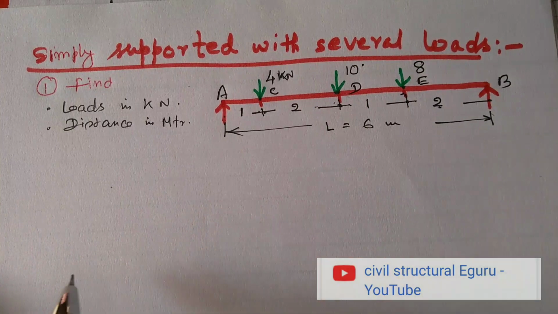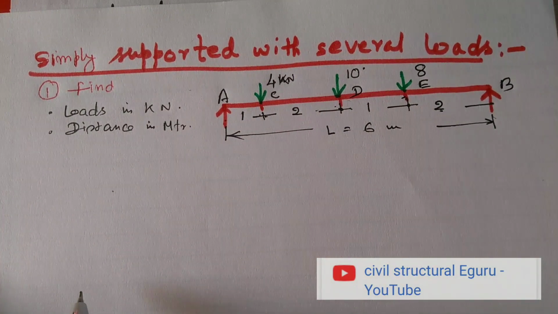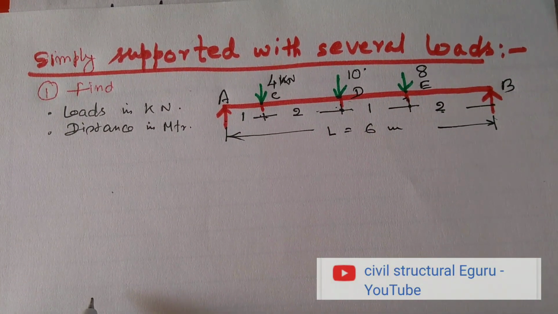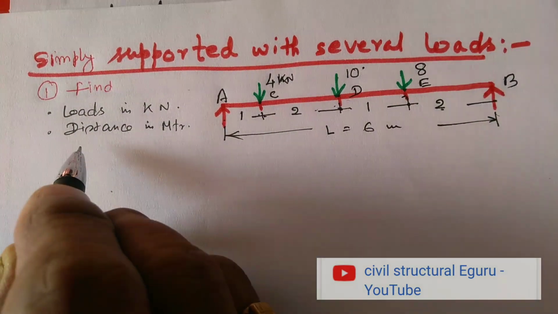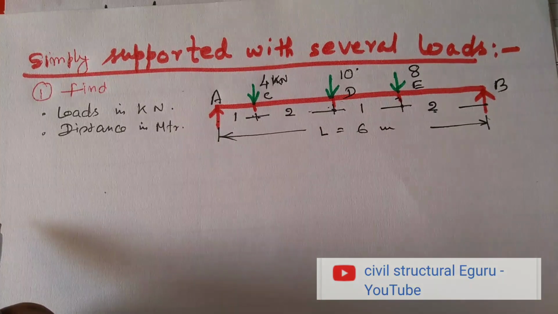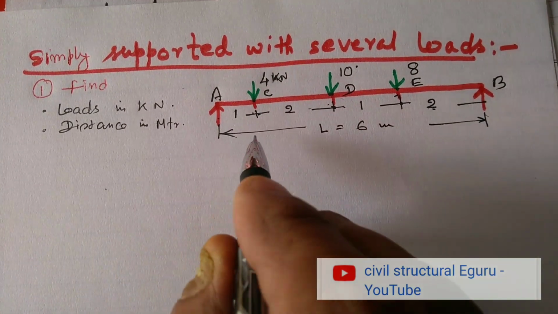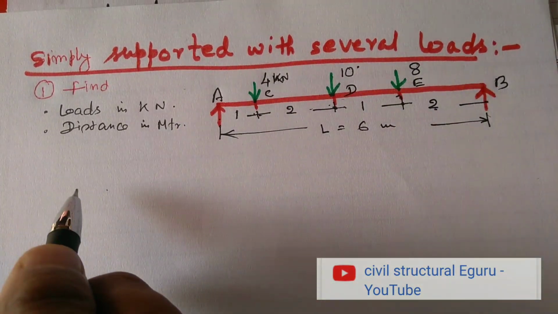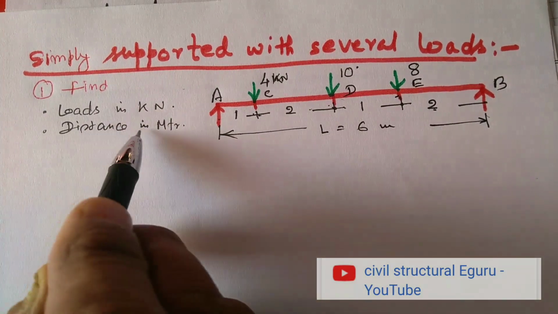Total span length is 6 meter. We have to draw the shear force diagram and bending moment diagram for this. Please note that all the loads are given in kilonewton and distances are in meter.